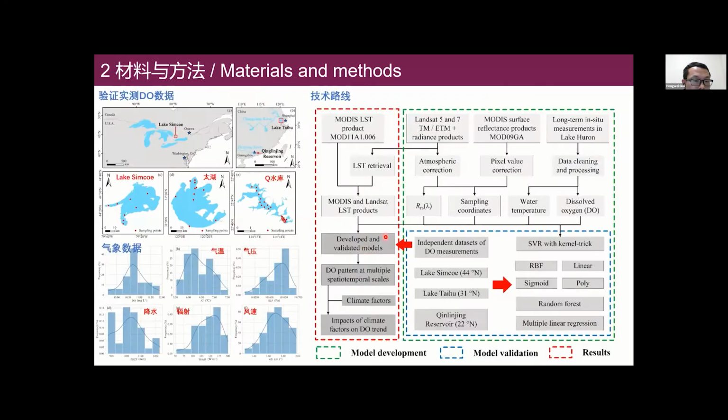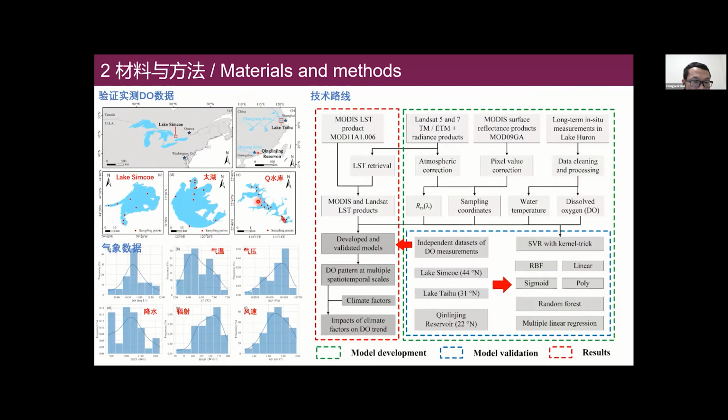DO measurements in Lake Simcoe, Lake Taihu, and Qiandao Reservoir were also collected as independent datasets to further validate the model generalization. The three water bodies were chosen because they cover high, middle, and low latitudes of the northern hemisphere.